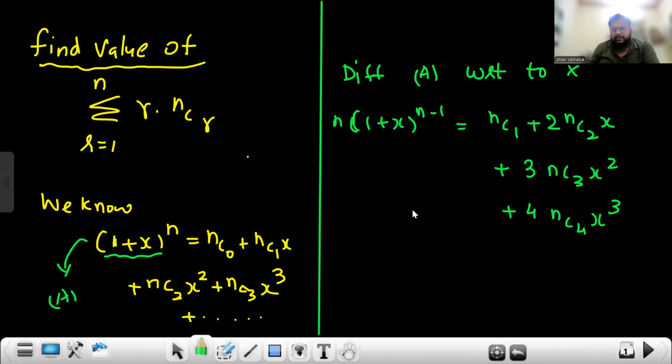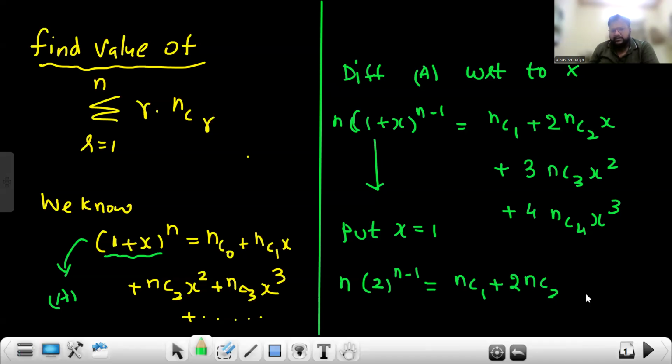So what we will do here, if you substitute, put x equal to 1, so what you'll get, n into 2 power n minus 1 is equal to nC1 plus 2 nC2 plus 3 nC3, like that.